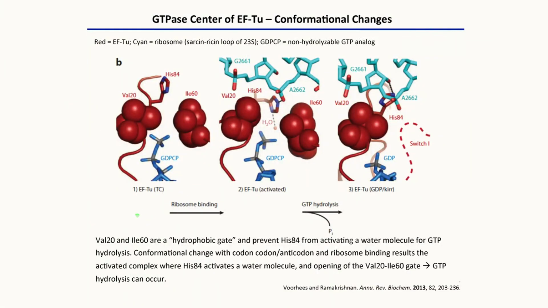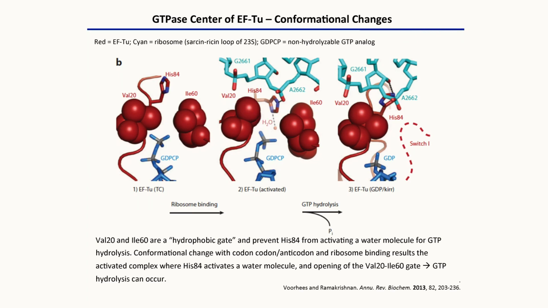Effectively, we can have an analog bound that cannot hydrolyze. What are we looking at here? Here, we're looking at the activated species. And what do we see? We see that this histidine has changed position. So here it's flipped that way, here this way.